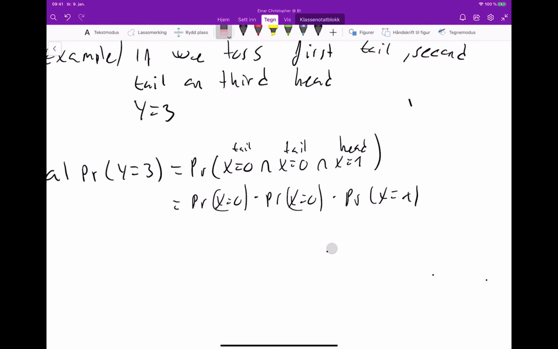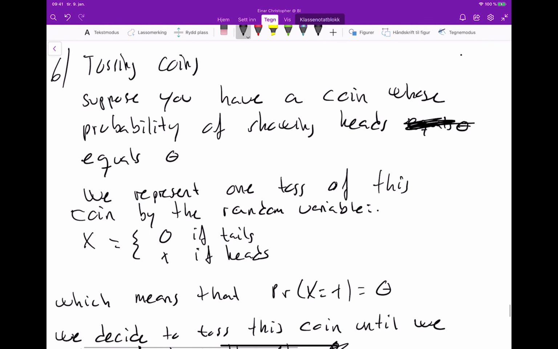But what is the probability of x equals 0? That is theta. No, that is 1 minus theta. And again 1 minus theta. And what is the probability of x equal 1? Yes, that is theta.